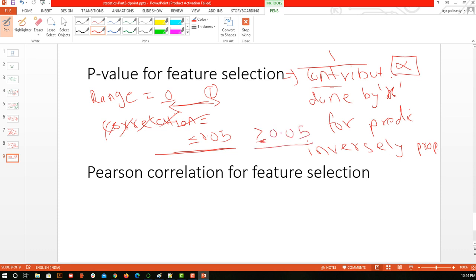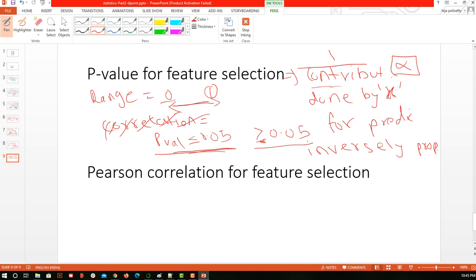So here what we are saying is, with 95% confidence, the column that I have chosen is contributing to my output variable. If the p-value is less than or equal to 0.05, I am keeping that column in my data set.